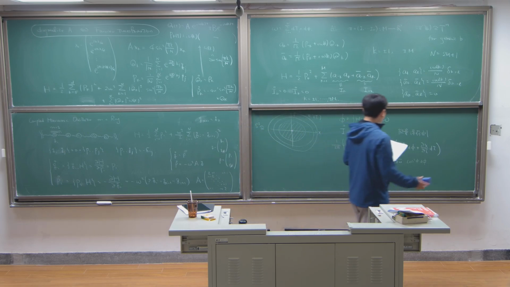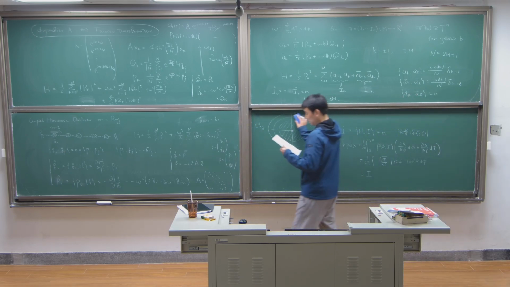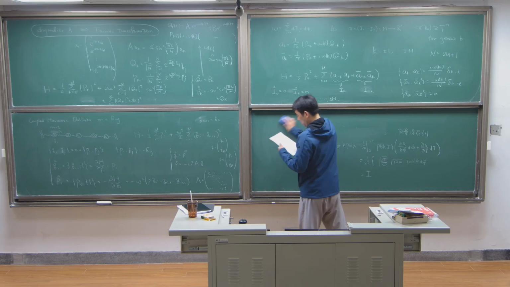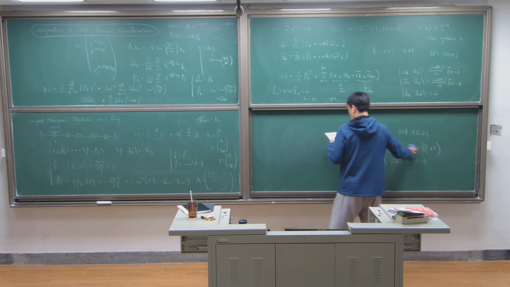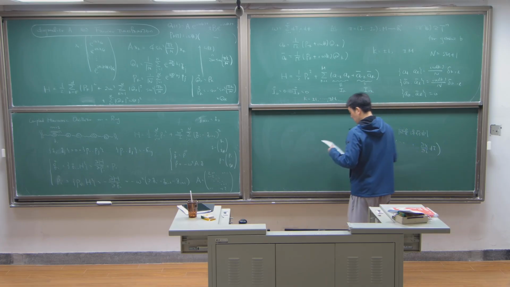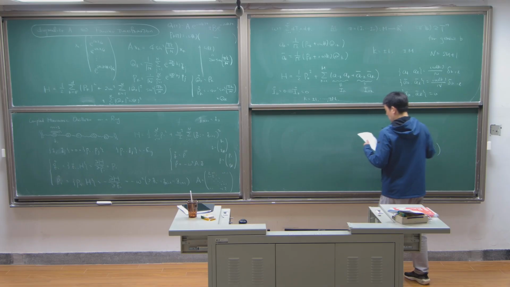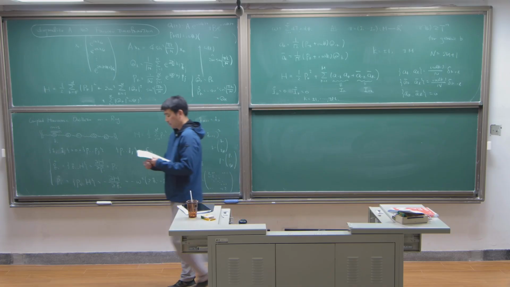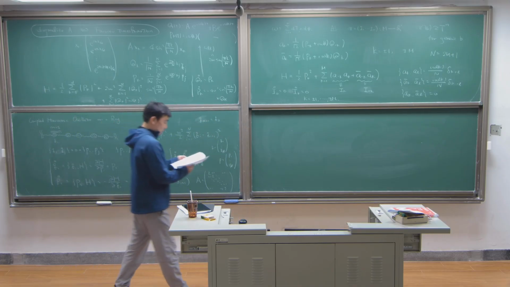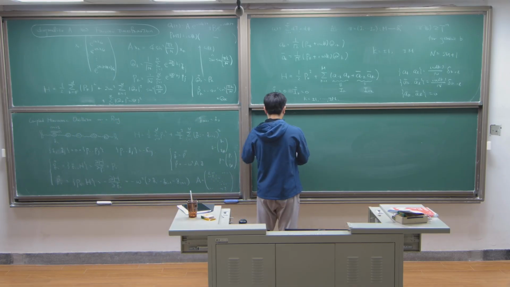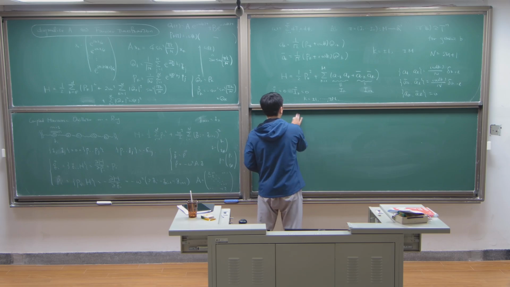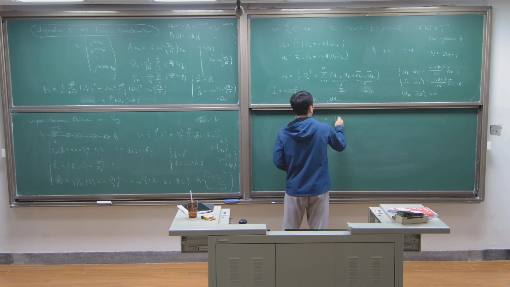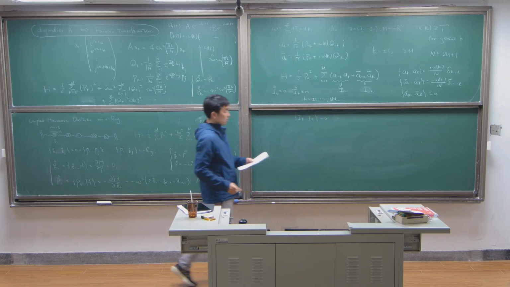And in fact, one can show that each I_k Poisson commutes with the others.